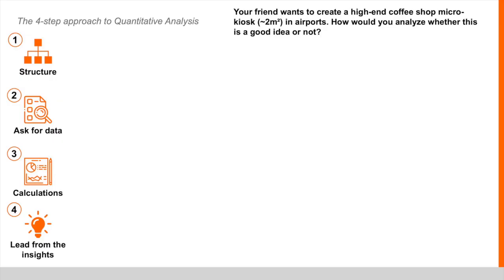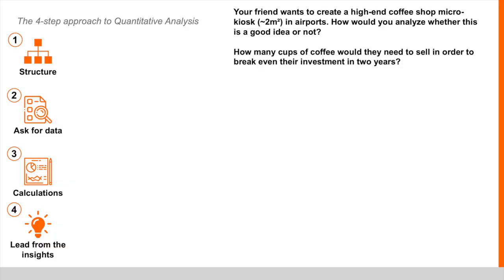And then there are the costs to open and create the micro kiosk stand for only 1 unit, which is $150,000. And the yearly operating costs, including rent and labor and etc. And that is $200,000 per year. And the question is, for 1 single unit, how many cups of coffee would they need to sell in order to break even their investment in 2 years?